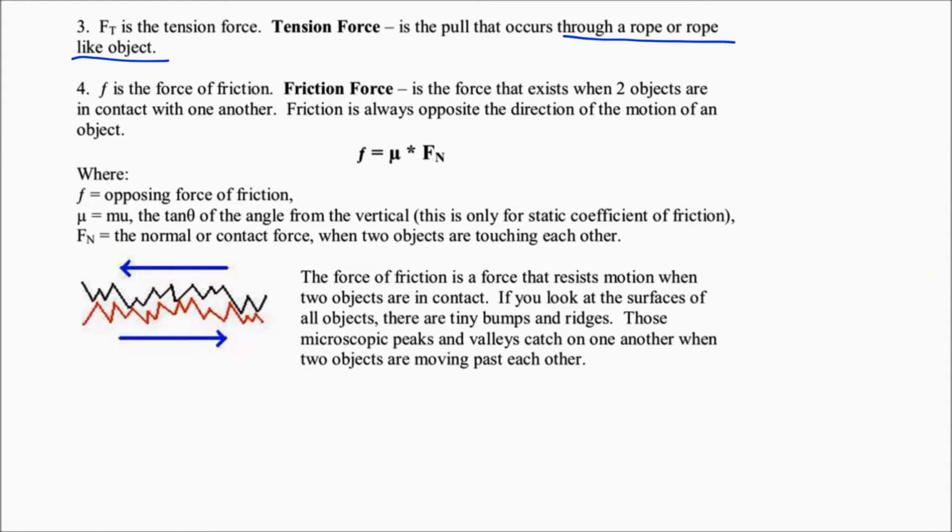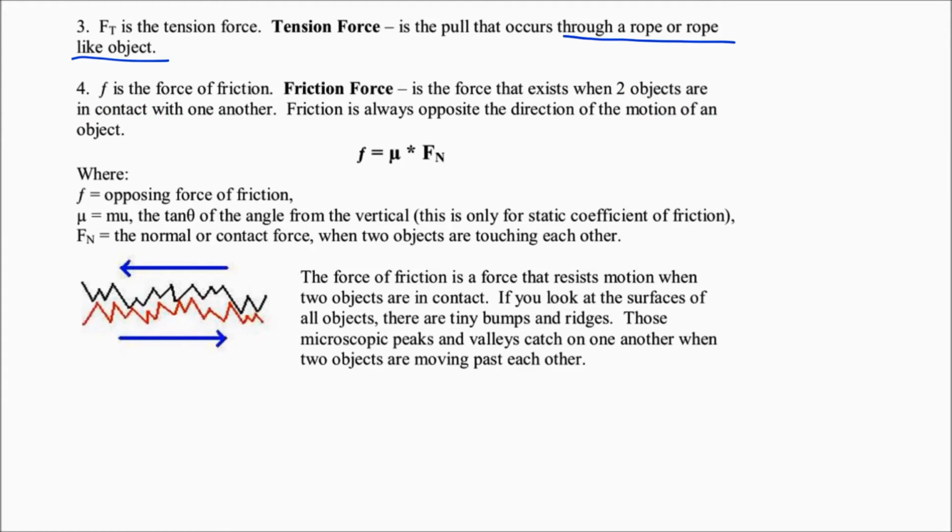The next type of force we have is frictional force, and frictional force is represented by this kind of fancy looking F, something like this if we blow it up a little bit bigger. You'll also sometimes see it written as F sub F, and that's the force of friction. Either way, I usually always write it with that kind of fancy F. The frictional force is a force that exists between two objects when they contact each other.